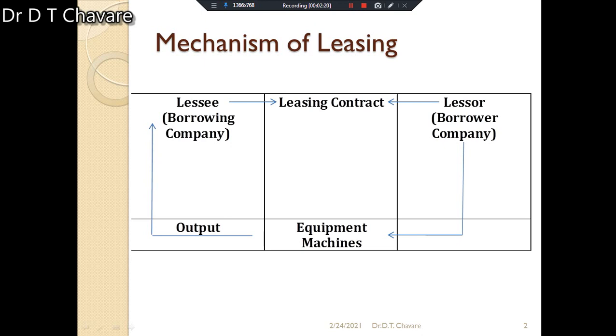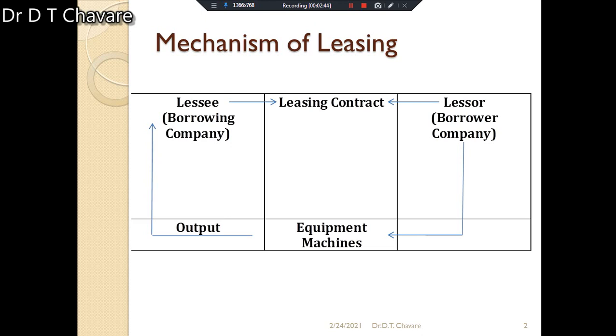With the help of this chart we can understand lessee and lessor. There is a contract between these two companies, and with the help of that contract, equipment and machines are provided, and those machines are used in lease finance.